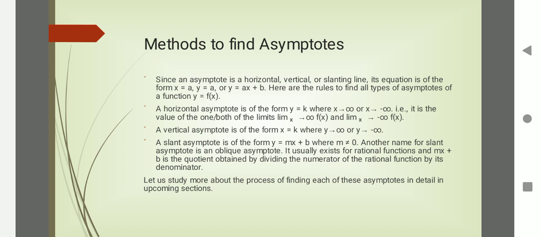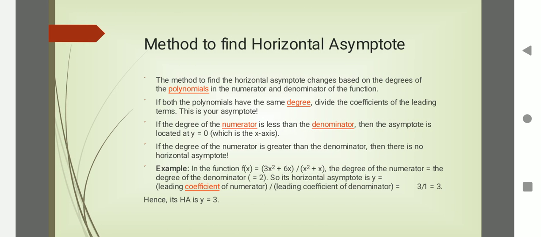Then we have methods to find asymptotes. So we have discussed the types of asymptotes, and now how we can find them. This is a brief overview. First, we will discuss how to find the horizontal asymptote.